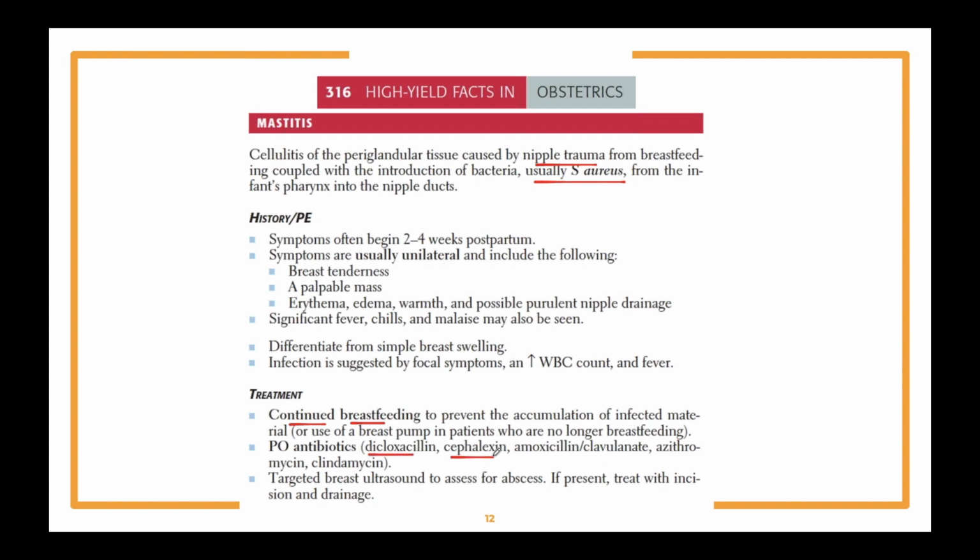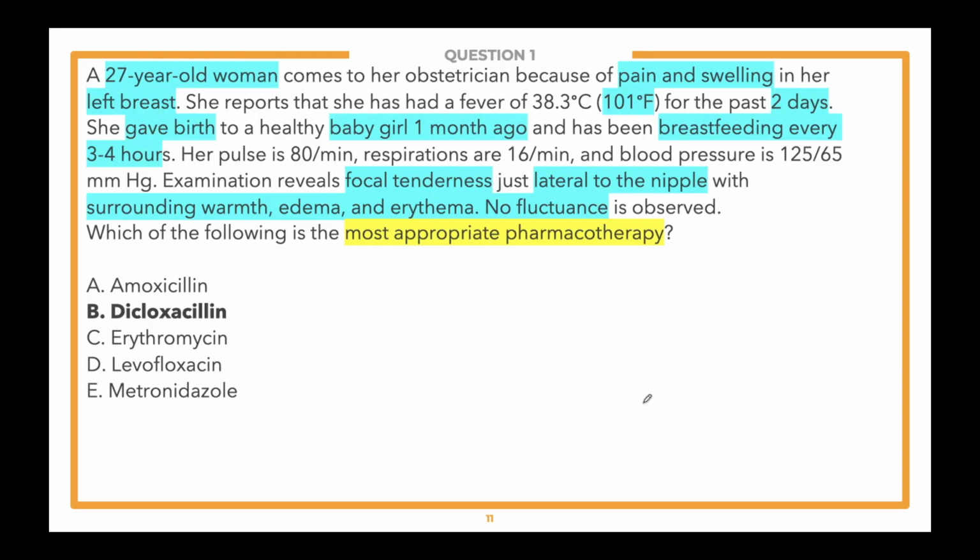You could also use amoxicillin with clavulanate, not amoxicillin by itself. Okay, the brand name for that is Augmentin. You could also use azithromycin or clindamycin if they had an allergy or could not tolerate penicillins. Okay, so if you go back to our question, there was nothing there about a penicillin allergy. So dicloxacillin would be the best choice here.